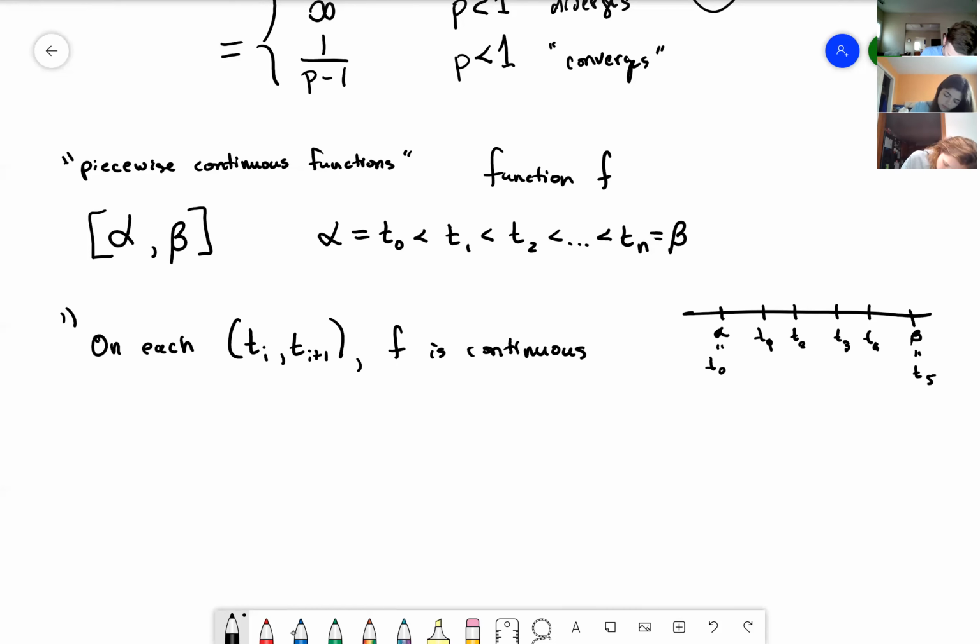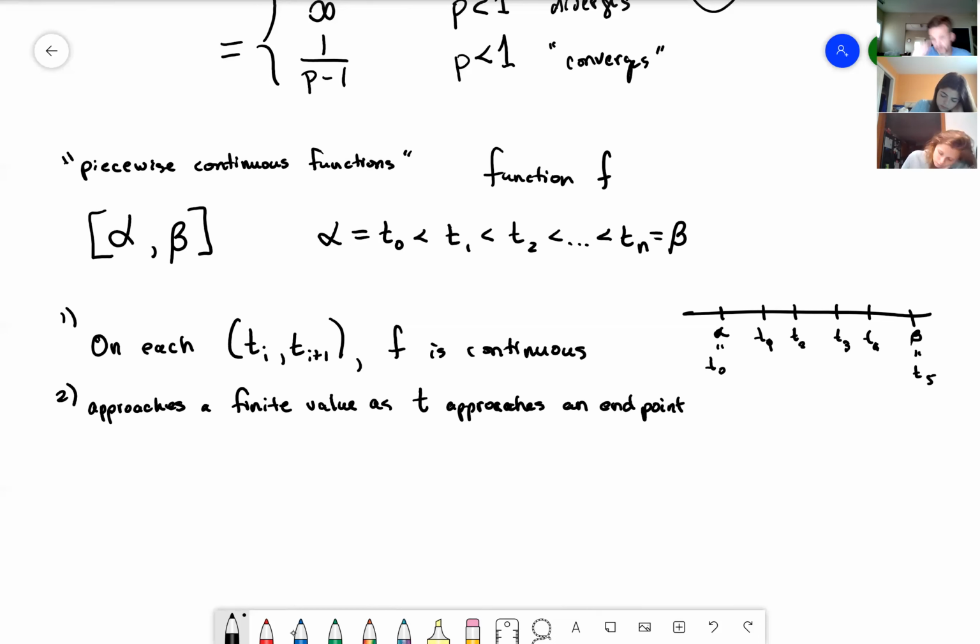So that's one criterion, and the other one is that it's continuous if you chop it into a finite number of pieces, and it approaches a finite value as t approaches an endpoint from either side.